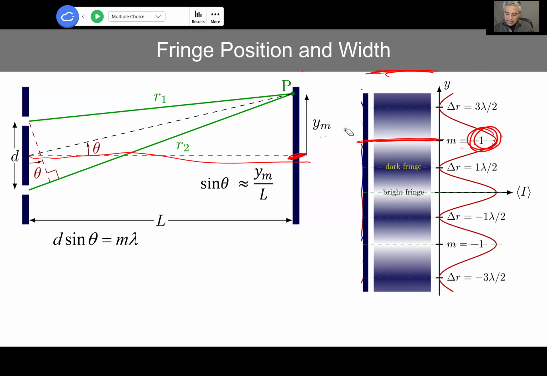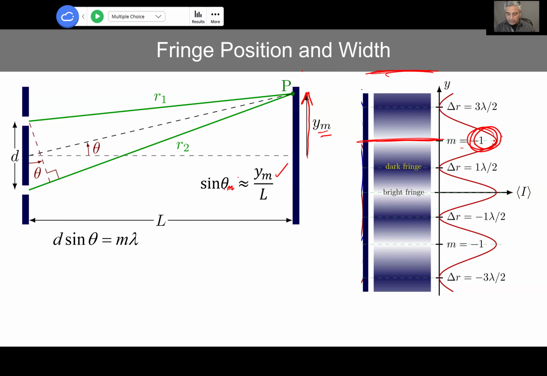So if we know this is, let's say, 0, and this is first, then we can say m is equal to 1. But if this happens to be the fourth one, then we can write m is 4, whatever that is. And that position I'm calling y_m. For these different values of m, theta is going to be different.